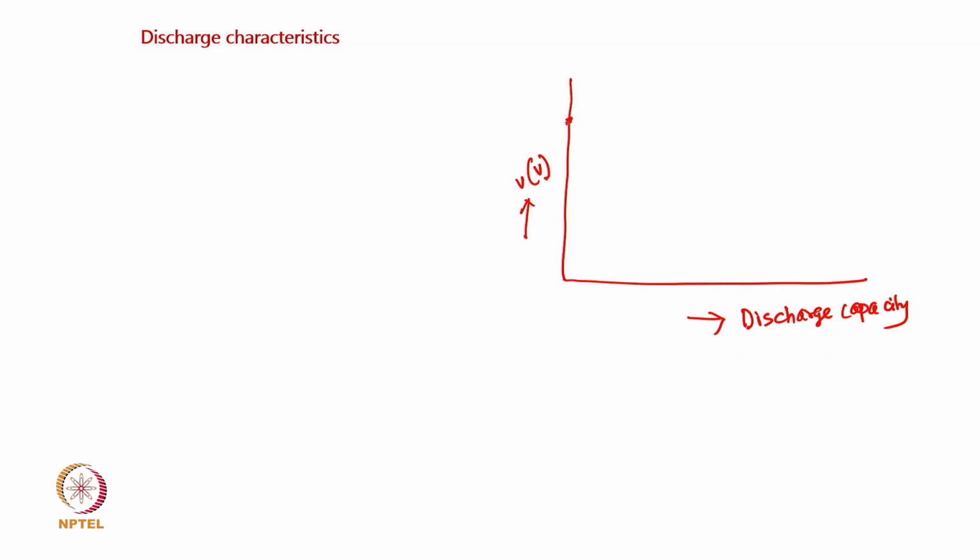We can mark a point when there is no load connected. Okay. So, that is actually the open circuit voltage of a lithium ion battery, OCV, open circuit voltage.